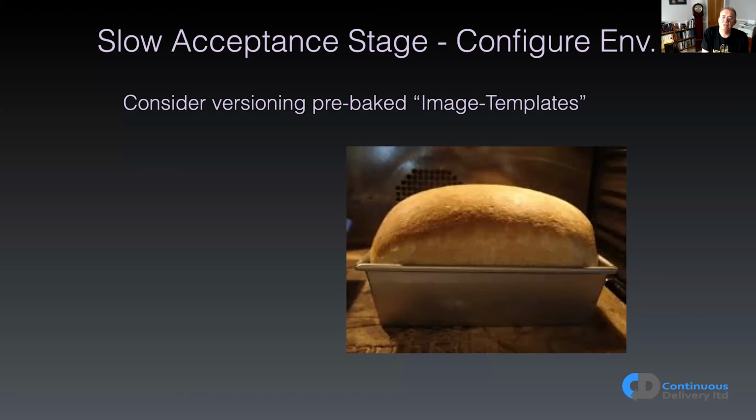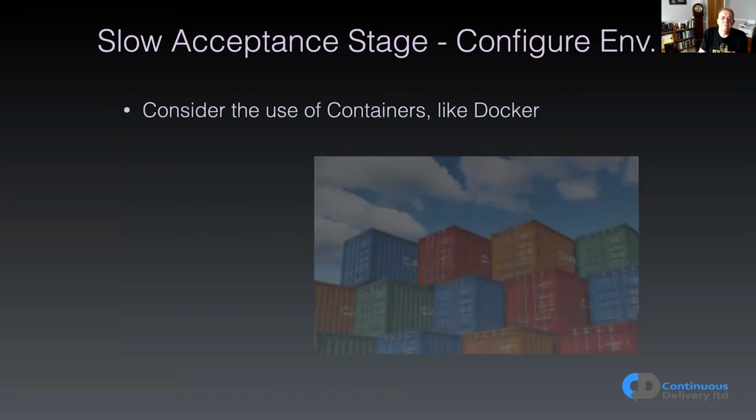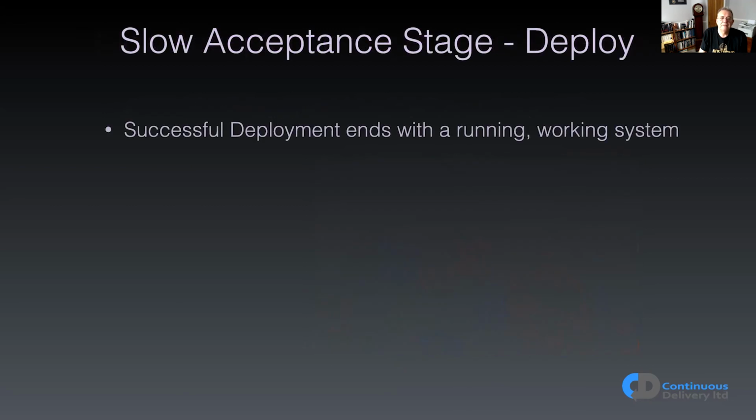So you've always got some available, and then you can just pull one off the pile of images and configure that, and that might give you a route to optimizing things. Containers like Docker help with several of these ideas, and it's one of the ways in which they add value. So that can certainly help.